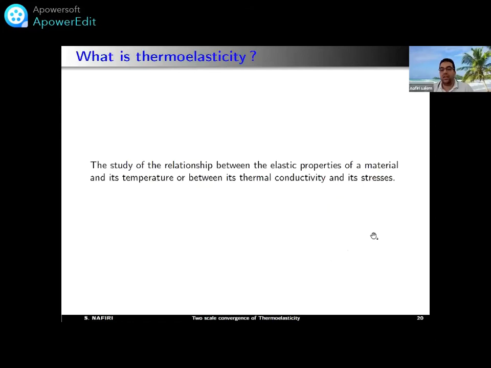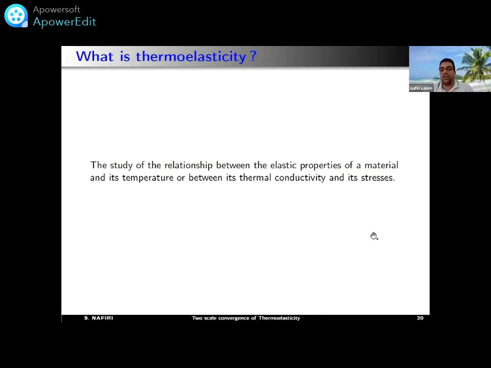We have just seen with Iman what thermoelasticity is. Here I recall quality and stresses.